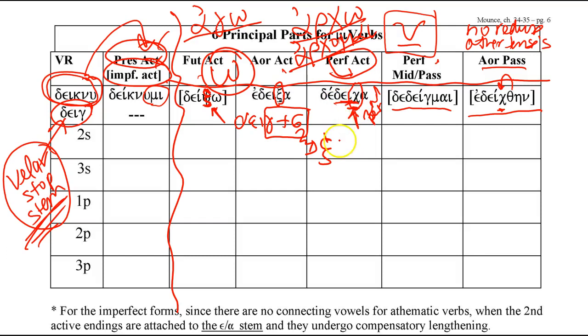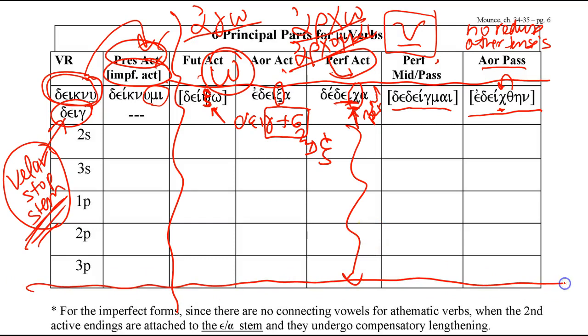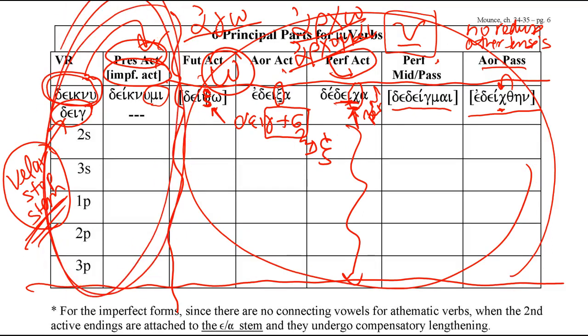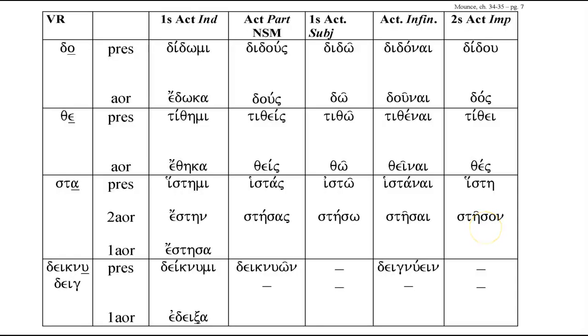But other than that, its forms should be something you'd be able to do. So go ahead and fill out this entire chart. It should be much easier because δεικνυμι looks like an omega luo verb for all the other tenses, and the only time it looks like a mi verb is here for the present active stem.